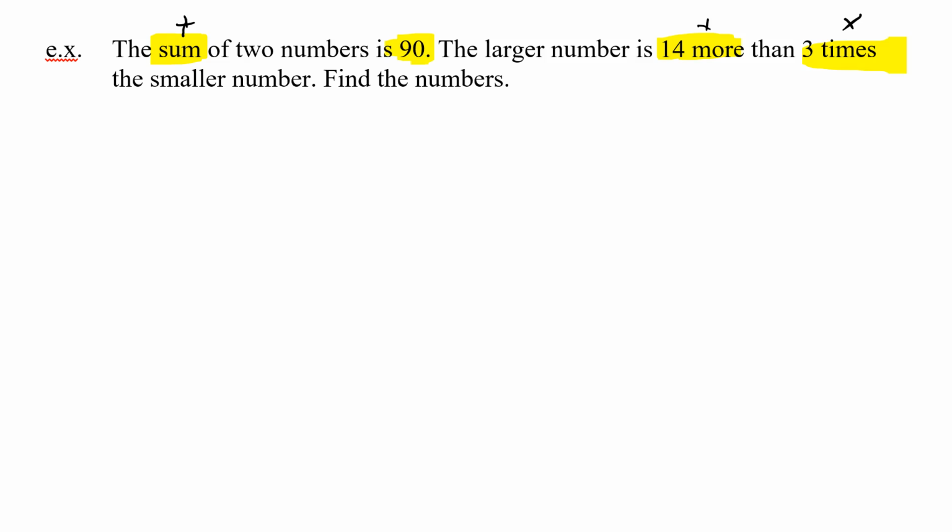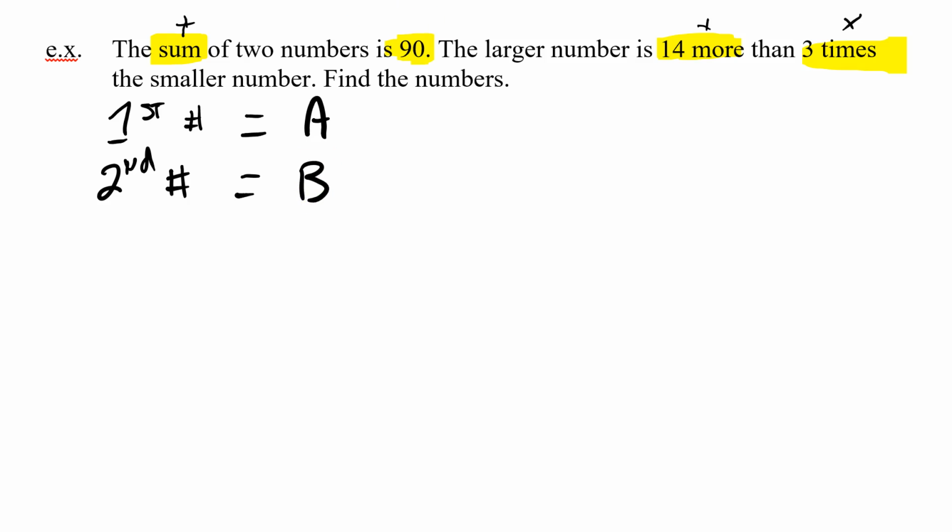So again, we have to realize that we're going to let the first number, we can call it X, we can call it Y, well, let's call it A for today. And the second number, well, let's call that one B. No problem.